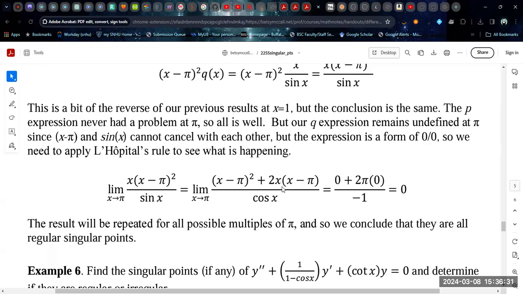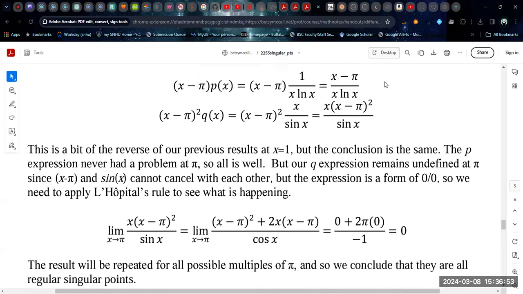And when I get to this expression, my denominator is now not 0 at pi anymore. I can plug pi in, get -1, and when I plug pi in up here, I end up with 0 multiplying everything, and I end up with 0. So this one is also a regular singular point because the first term is perfectly well defined at pi, and this one I get a finite value for the limit.